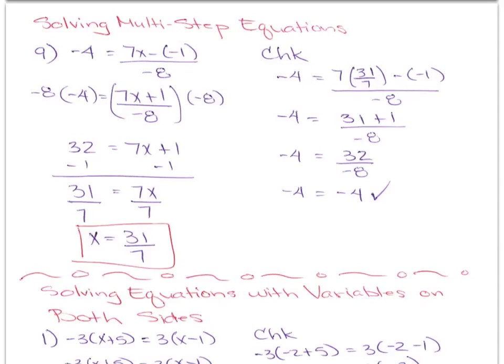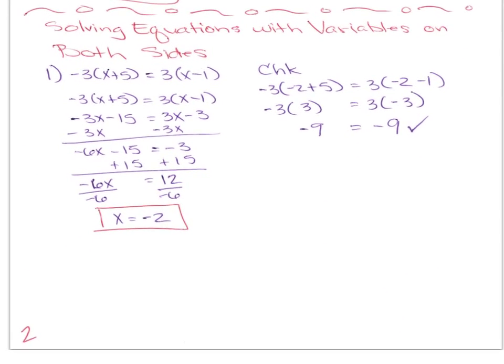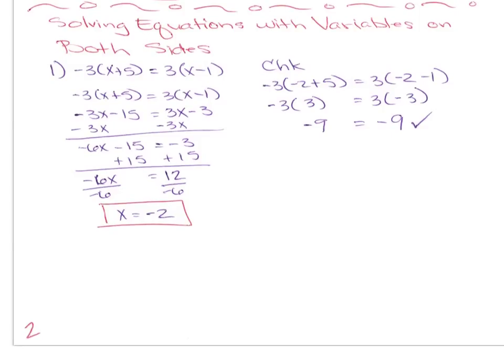Now let's move on to the other part of the review, which is solving equations with variables on both sides. Let me move this up so you guys can see it. There we go. So right here, rather than just having your variable on one side of the equation, now you have your variables on both sides.